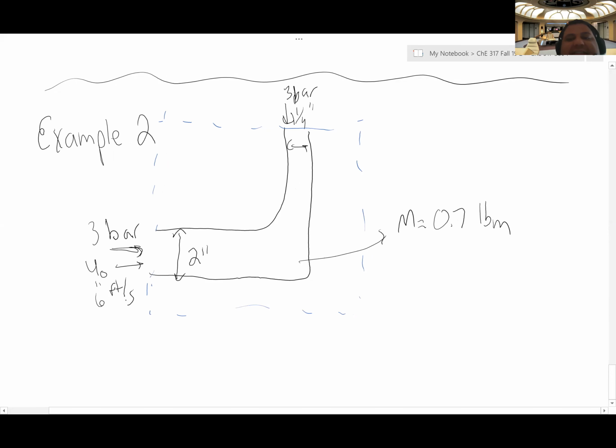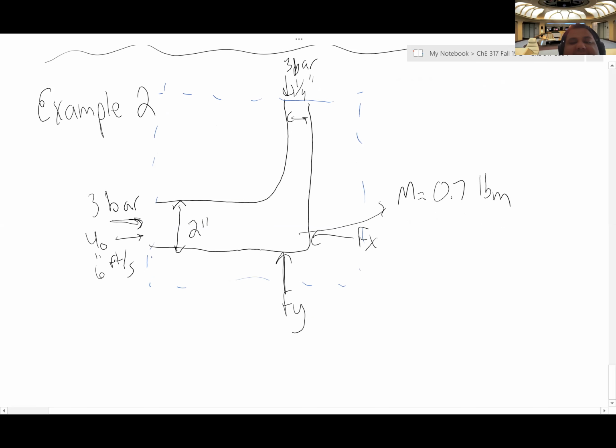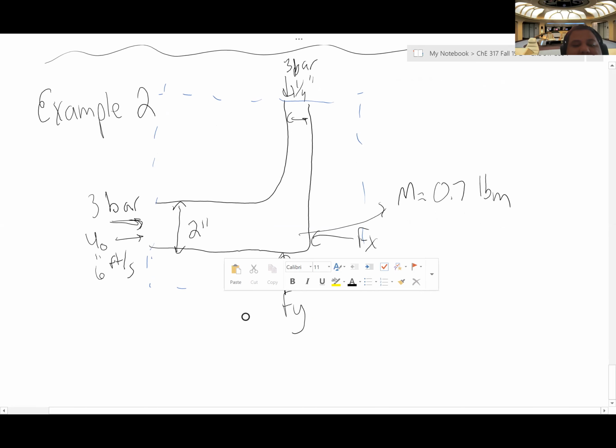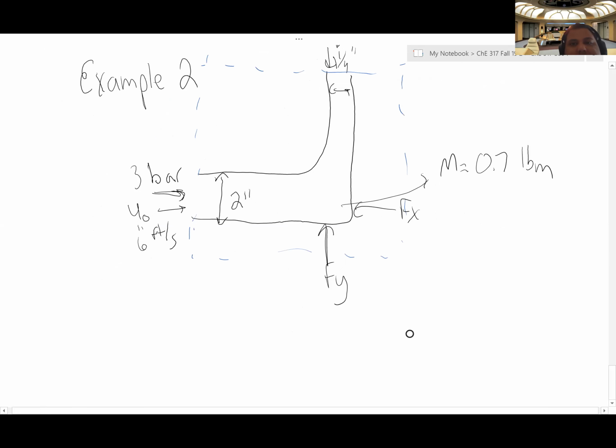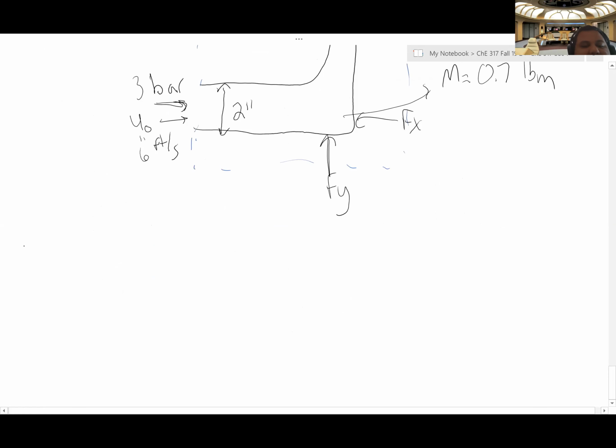So we need to identify the forces in both the X and Y direction to hold this elbow in place, which means we need to do 2 balances, one in the X direction and one in the Y direction. So let's start with the balance in the X direction.